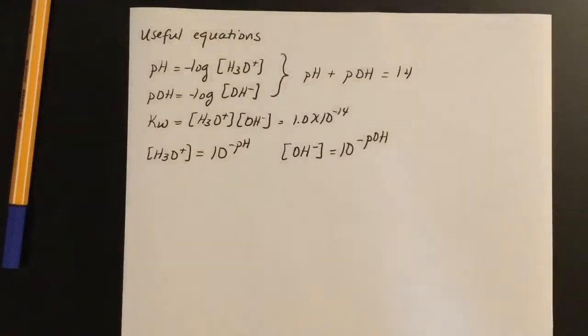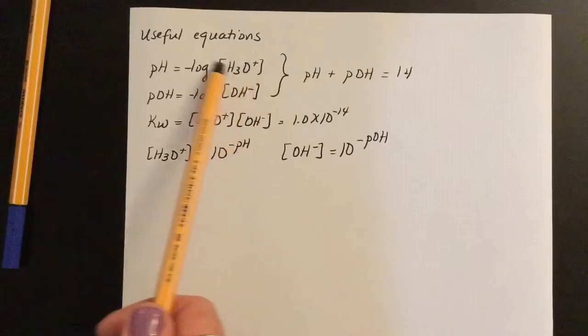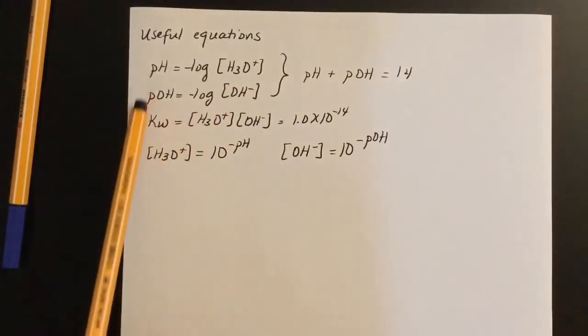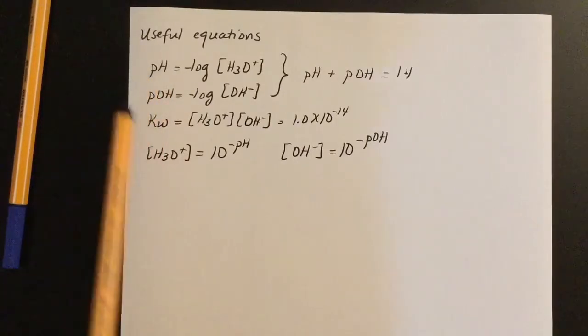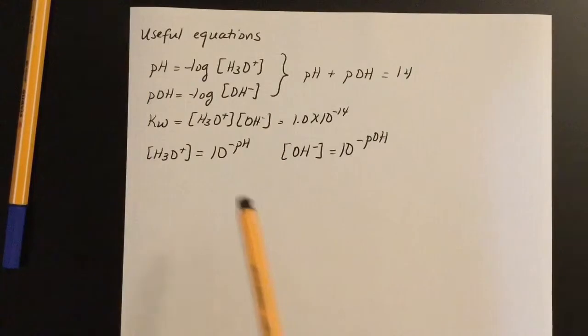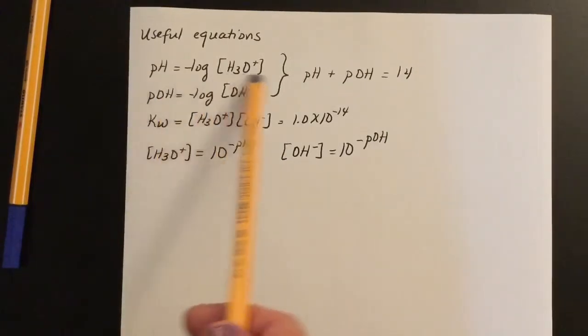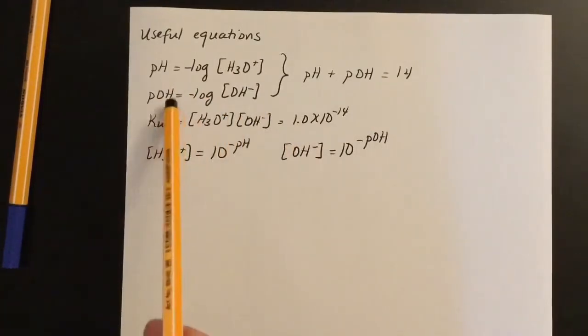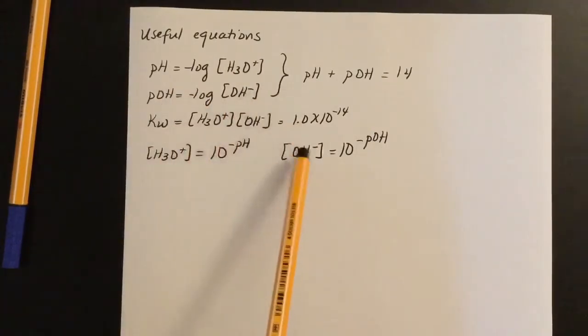So to cancel out the log, to isolate your hydronium concentration, you have to do 10 here to cancel the log, and then 10 on this side, and that will give you 10 to the minus pH because that negative sign is right there. So this one is just rearranging this equation here to get hydronium, and this one here is rearranging this equation here to get hydroxide.